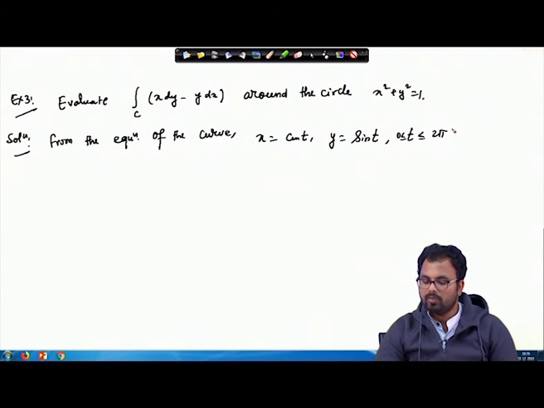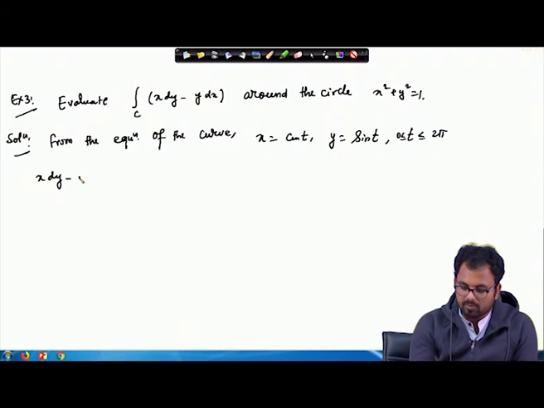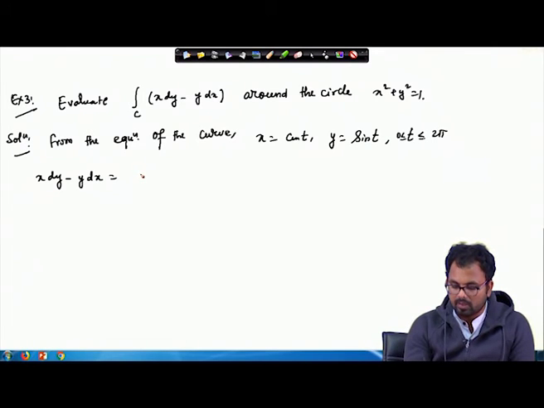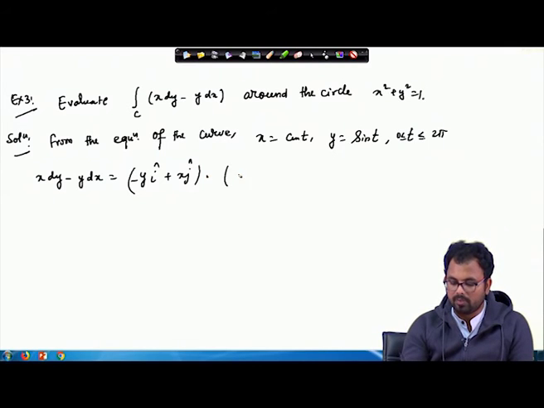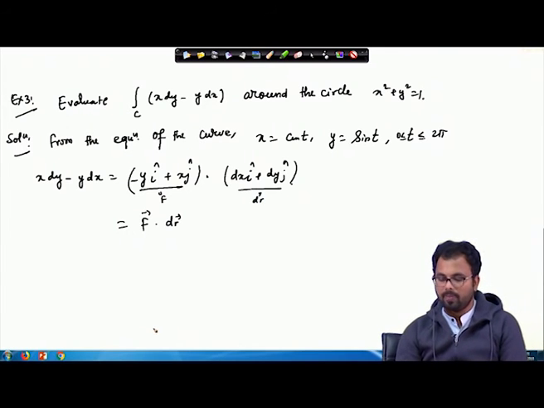This function x dy minus y dx can be written as minus y i plus x j dot product with dx i plus dy j, and this is nothing but f dot dr, where this is f and this is dr.